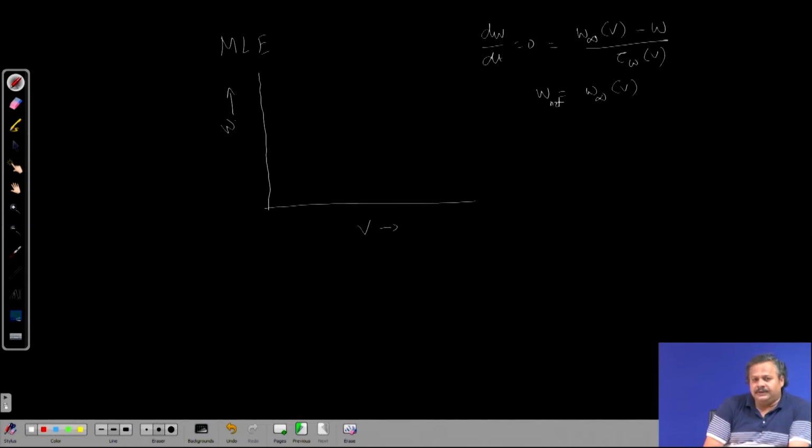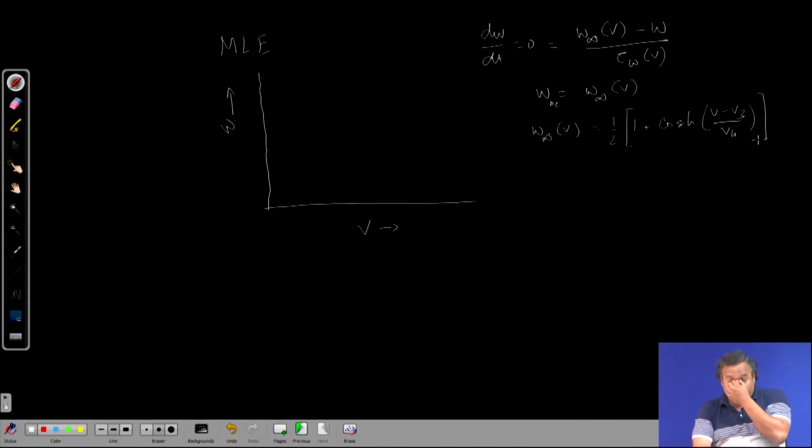So these are the W values along which dW/dt is 0. You remember that we had W infinity(V) defined as half into 1 plus cosh of (V minus V3) by V4, and V3, V4 are already supplied to us. These parameters are experimentally determined, and then an empirical functional form is derived with fitting, and we get the parameter values.